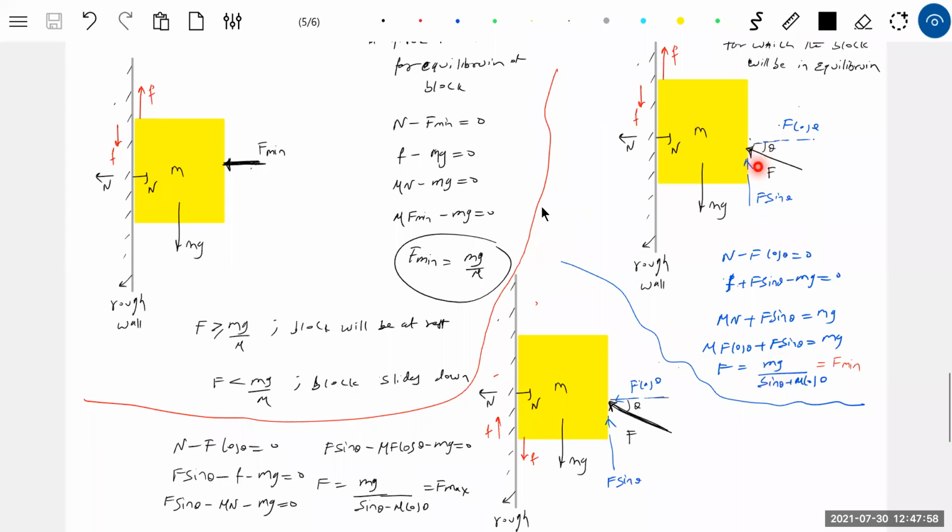When F is less than F minimum, the block will slide down. This I'll write. This is what a student should conclude.